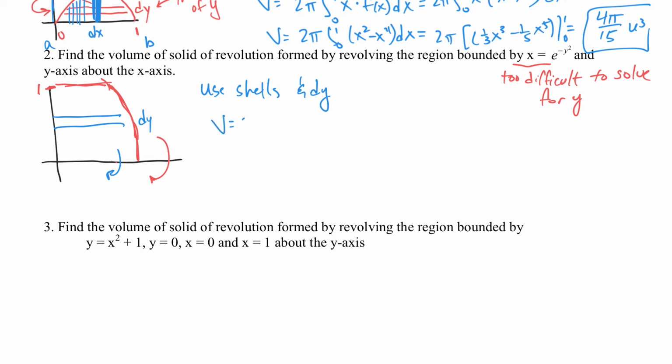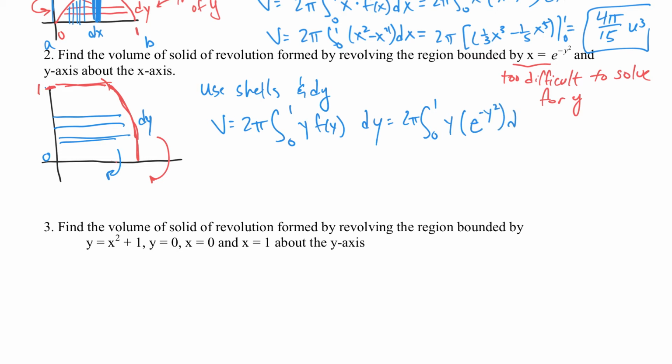So the volume will be 2 pi times the integral. Now, since the shells are this way, from 0 to 1, of x, or in this case it's going to be y, because I need this in terms of y, I need dy, and f of y dy, just like that. So this will be 2 pi times the integral from 0 to 1 of y, and now my f of y equation is e to the negative y squared dy.